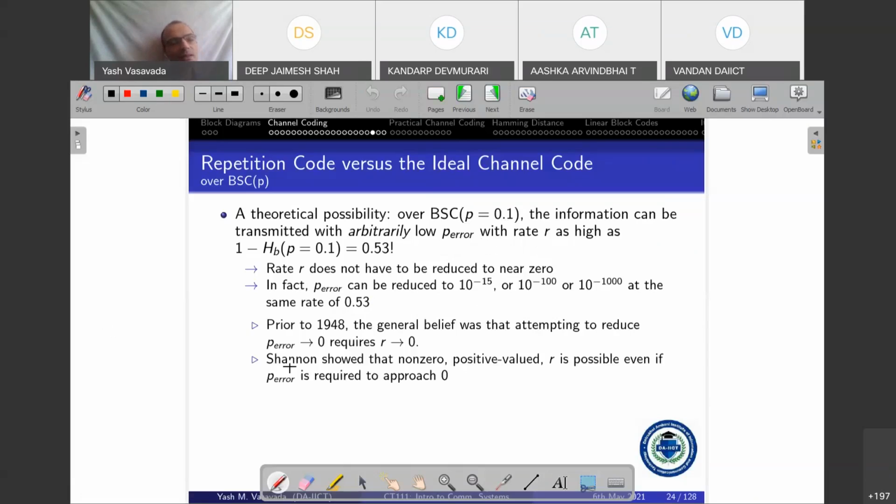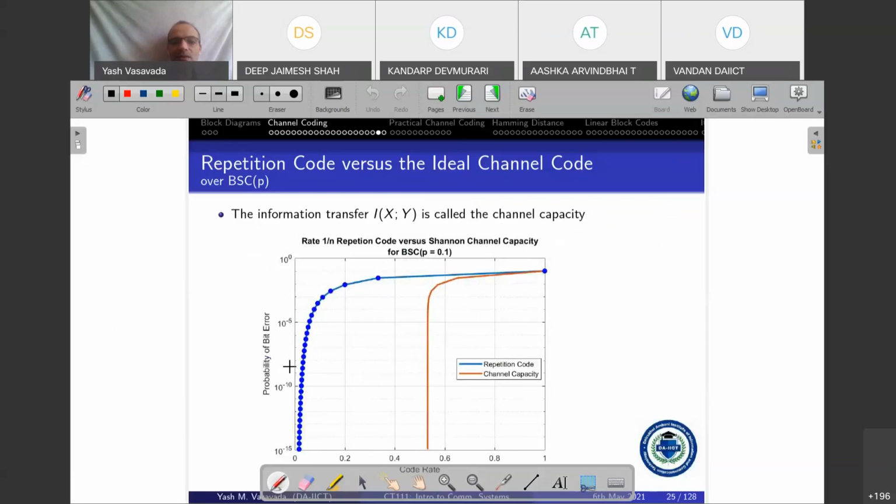Remember, we saw earlier that even to get 10 to the power minus 15, R had to drop to 1 over 63 or something. And so the chart looks like this. This red is the information transfer, and that is a little more than 0.5. This blue is the repetition code. And so you see the advantage, right?